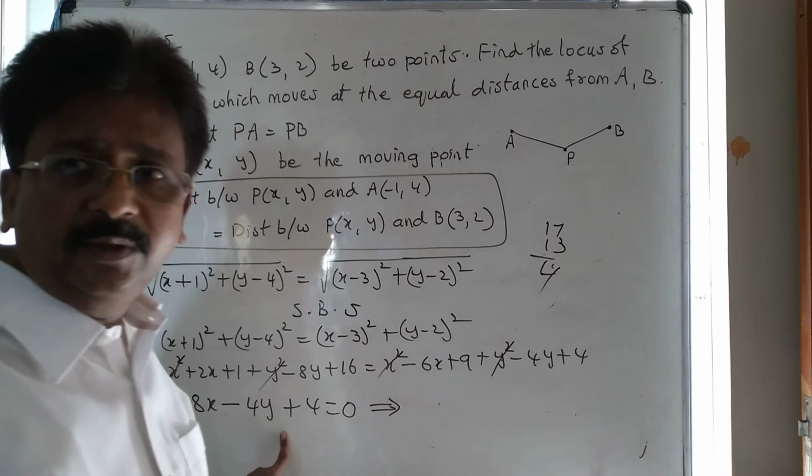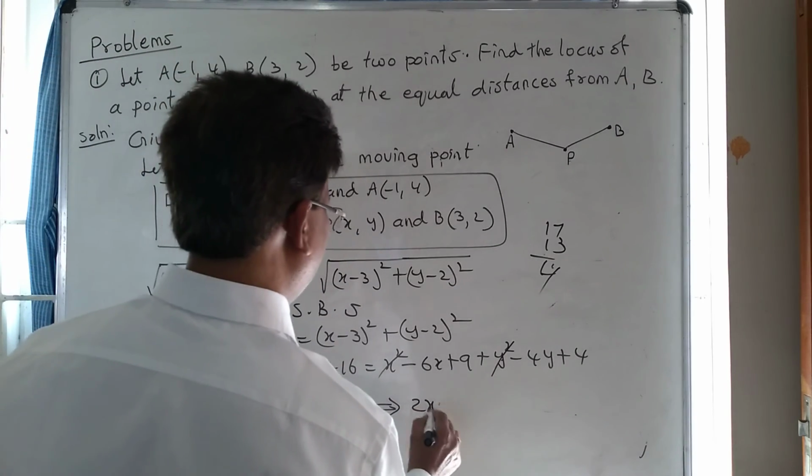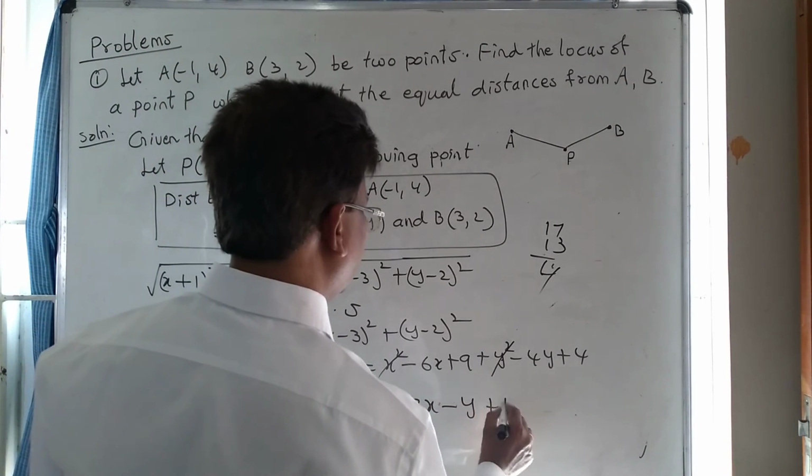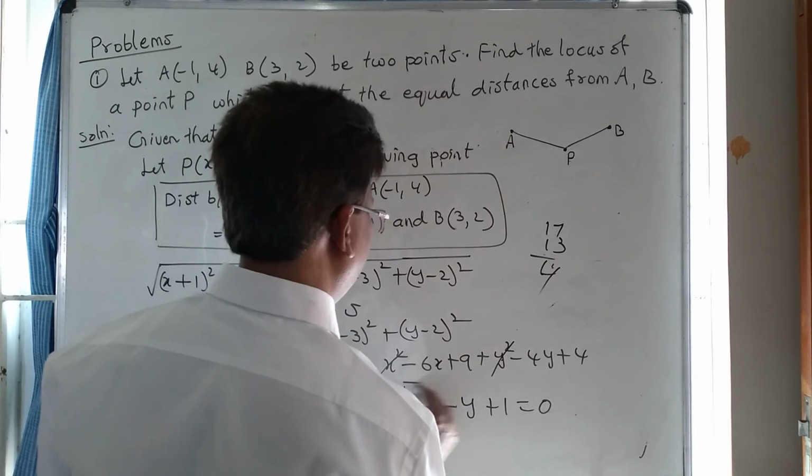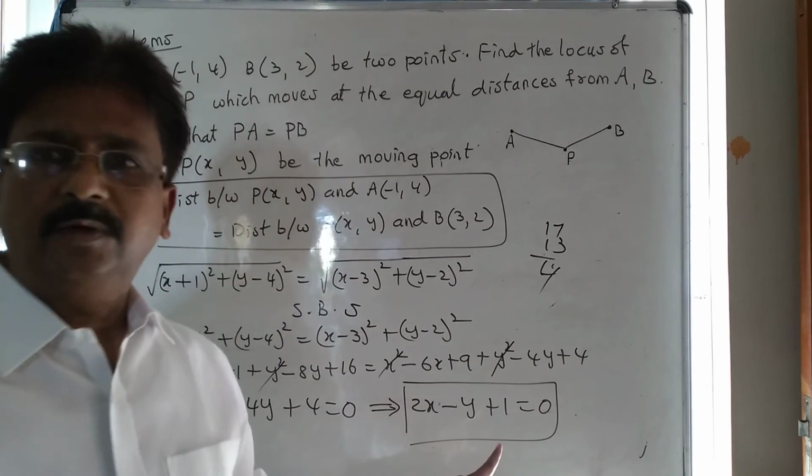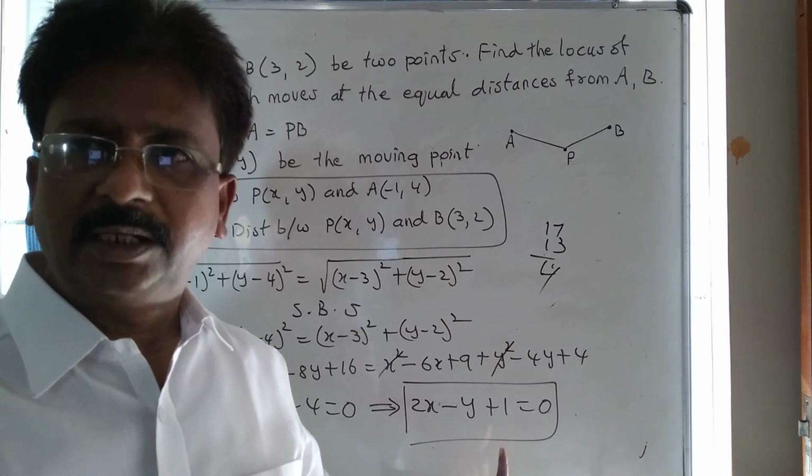So dividing by 4, 2x minus y plus 1 is equal to 0. Now this is our answer, it is the locus.